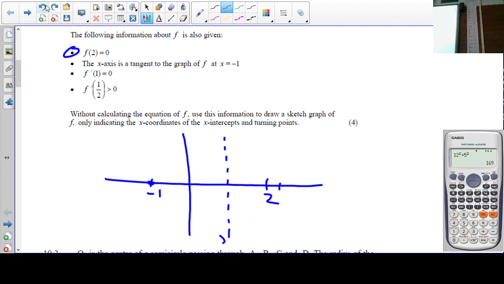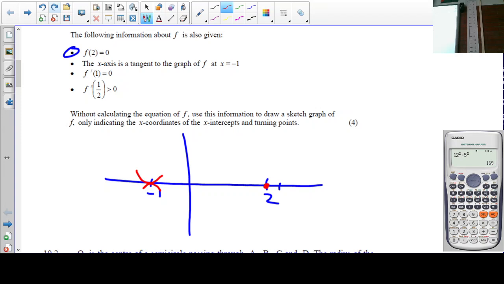Let's read from the top again. So we say f of 2 is 0. The graph is turning there. The x-axis is a tangent to the graph at -1, so the graph is bouncing off the axis there, a turning point on that axis.